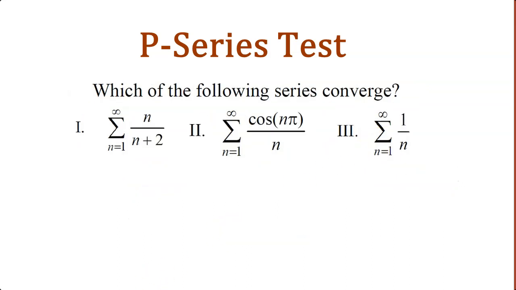Three more examples for the p-series. Two of these are p-series and one is not. Again, here's the harmonic one, and it's not the alternating version, so this is going to diverge. So we'll say that's wrong because we're looking for which ones converge.